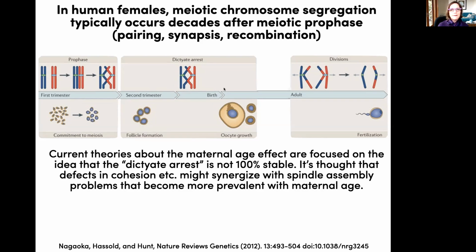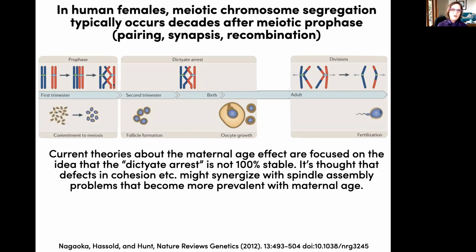So this doesn't answer the question of why there's this strong maternal age effect on non-disjunction, but it is a good reminder that all the pairing and synapsis and recombination happen in a woman's oocytes when she was in utero. When a female fetus is developing in the mother, that is when all that meiosis stuff happens.